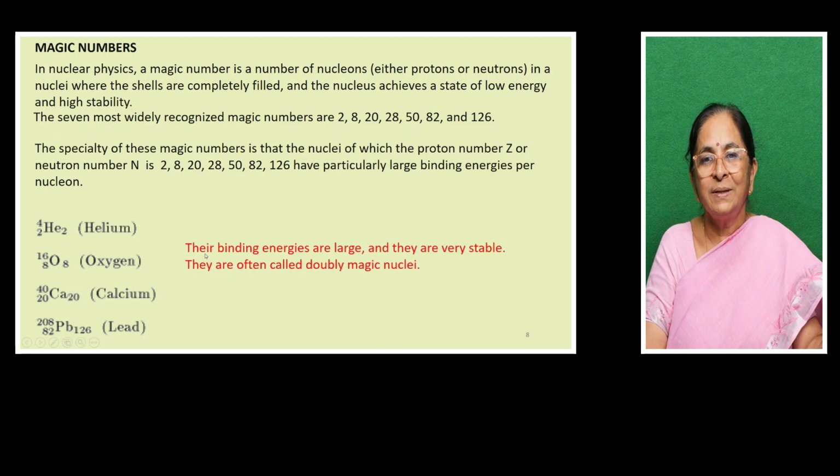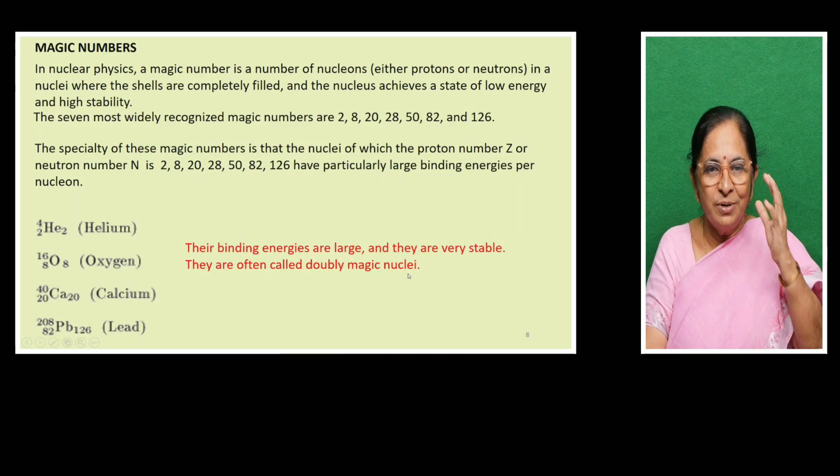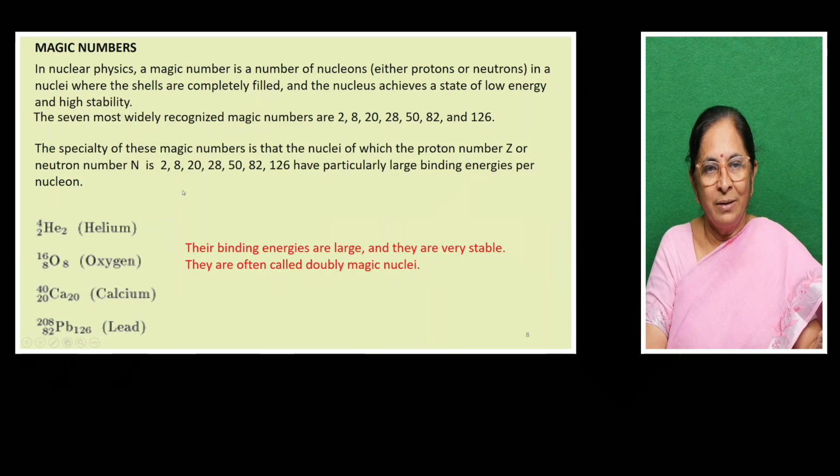These elements can be called doubly magic nuclei. Why doubly magic nuclei? Because both the protons and neutrons have numbers equal to one of the magic numbers. If both the proton and neutron numbers are magic numbers, we call it a doubly magic nucleus, and these elements will be very, very highly stable.